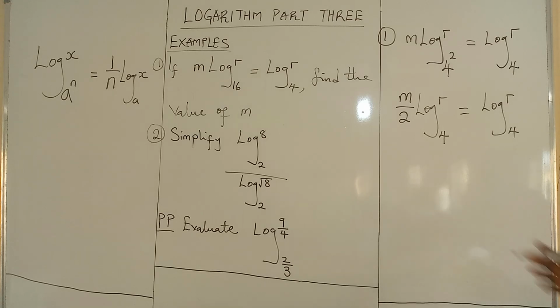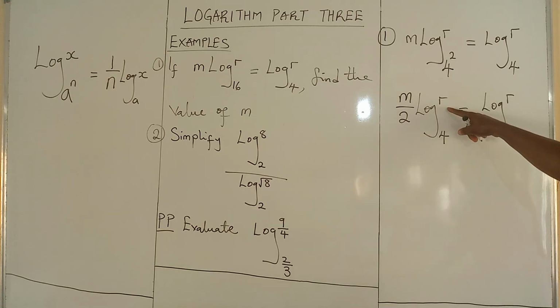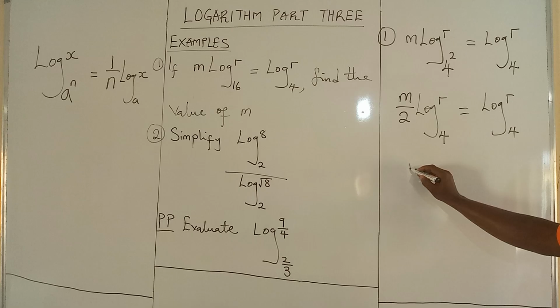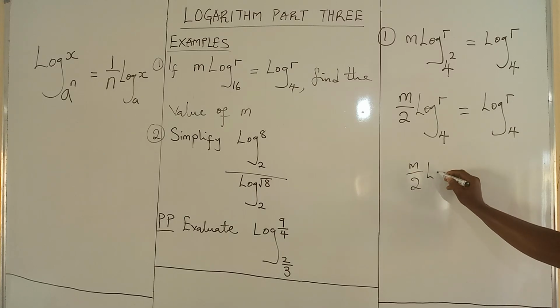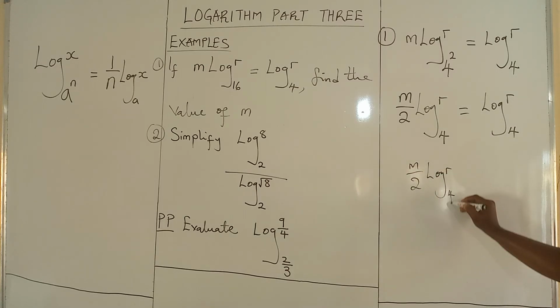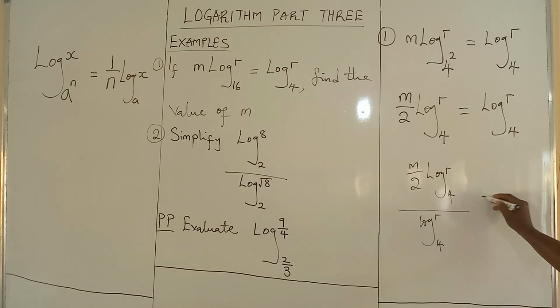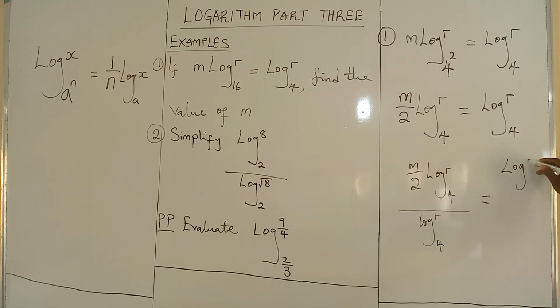So we were asked to find what? Find the value of m. At this point, you can divide both sides by log r base 4 so that it will cancel out. If I divide both sides by log r base 4, I'll have m over 2 log r base 4 divided by log r base 4 is equal to log r base 4 divided by log r base 4.